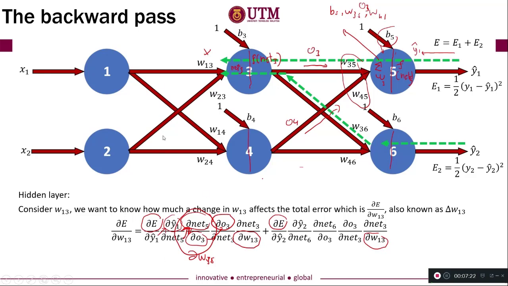Okay, same with this component. You can see that here we use del net 6, which is here. We don't do the derivative with respect to W36. We do it with del O3, because O3 is the only variable that can extend the chain rule from here to here. Okay, so that's the reason.